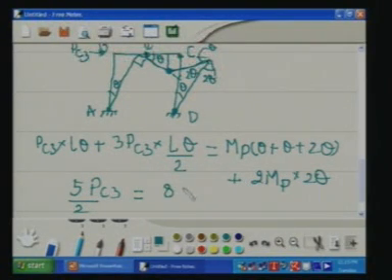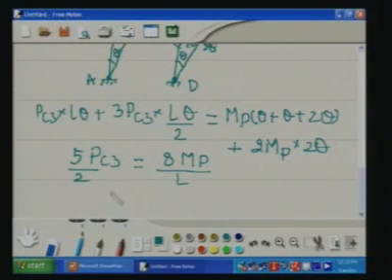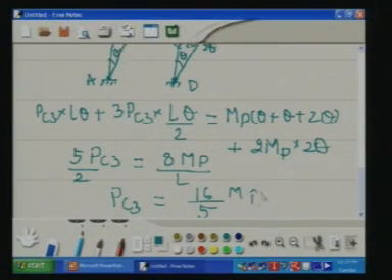So 8 MP by L, or PC3 will be equal to 16 by 5 MP by L. So let us compare, friends.